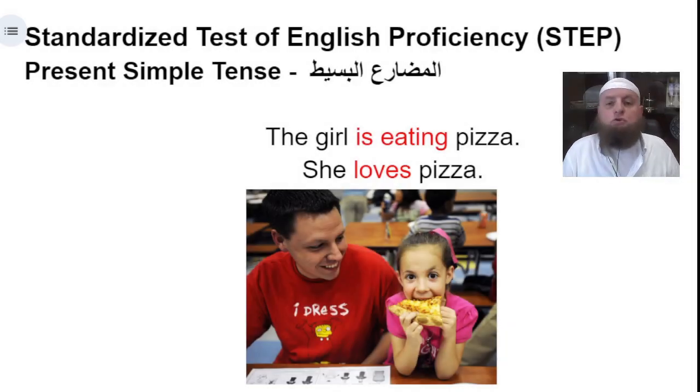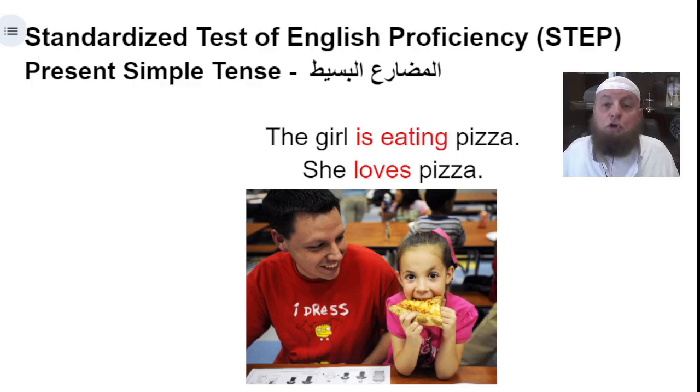So in this case, we say the girl loves pizza, not is loving pizza, because she always loves pizza. She repeatedly, every day, loves pizza, and it's generally true. Tomorrow she will not hate pizza, she will always love pizza.